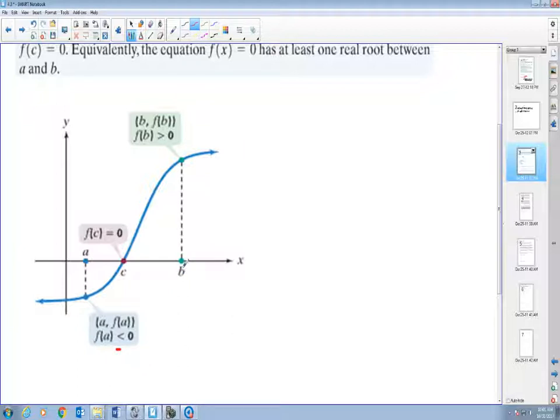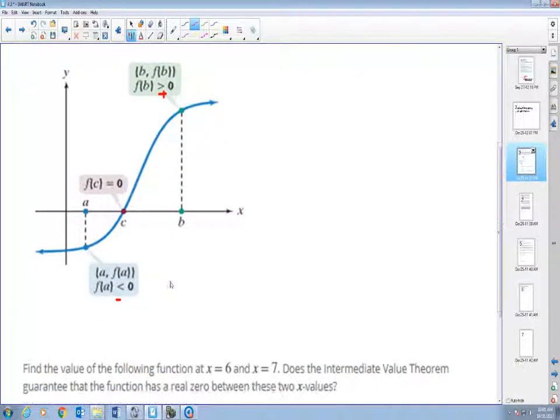The other x value b I plug into the function, and the y value is positive. When the y values have opposite sign, that tells me there is a number c in between my two x values where that number c has to equal 0. Therefore that c is the zero of the polynomial function.